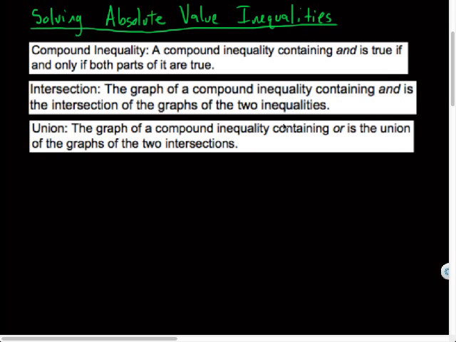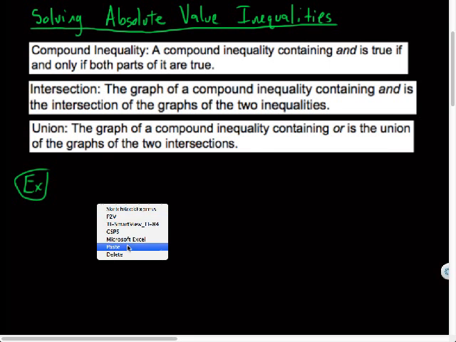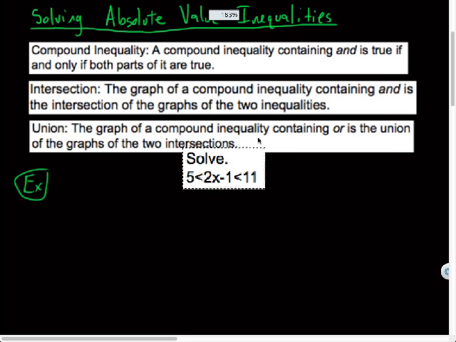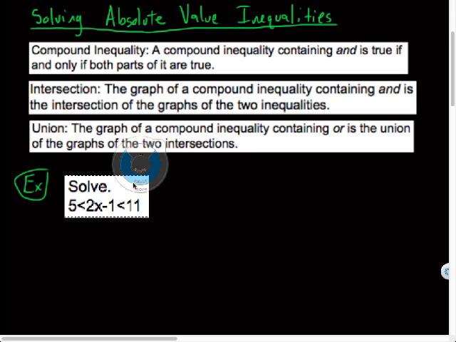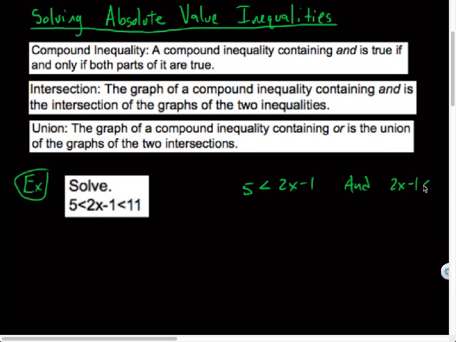But let's talk about solving some compound inequalities, what these might look like. So here's a compound inequality. Notice this one is actually an "and" problem because, and you don't have to write this down, I could have written this as 5 is less than 2x minus 1 and 2x minus 1 is less than 11.